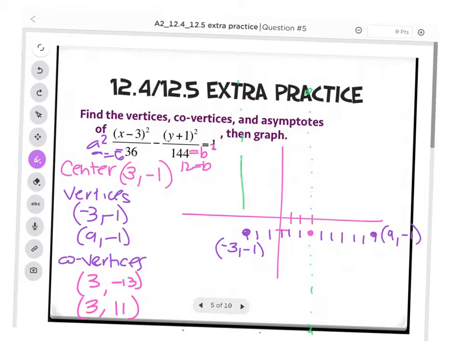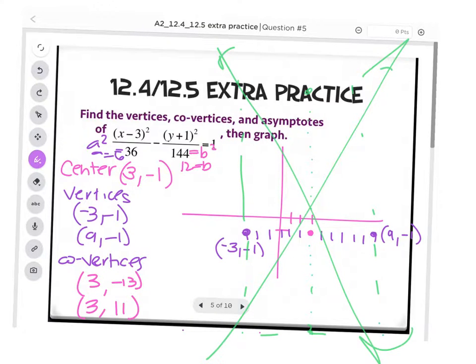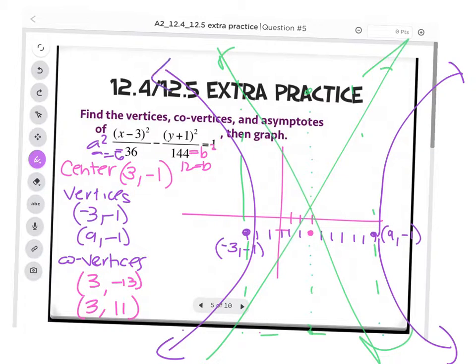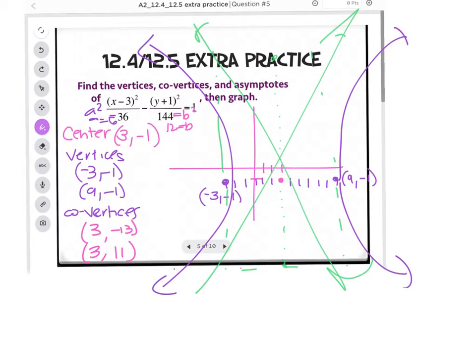And then your little box would get drawn, your hyperbolas, and it's horizontal, so it goes along from left to right. And the asymptotes, because it's horizontal, it's plus and minus b over a.